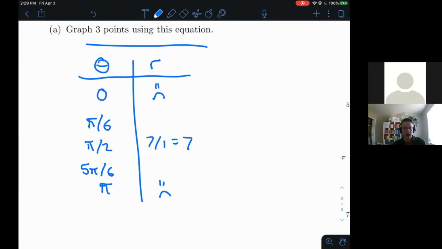But if I plug in pi over 6 or 5 pi over 6 into sine, we get out 1/2. So this is 7 divided by 1/2. Instead of dividing by a fraction, you could multiply by the reciprocal, and you get out 14. And likewise, at 5 pi over 6, you're also getting out 1/2 for sine, and so multiplying by 2, you get, again, 14.